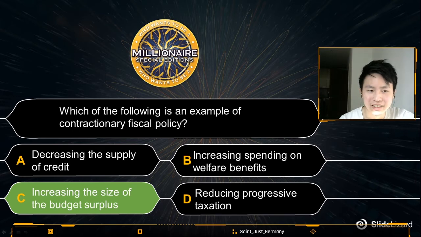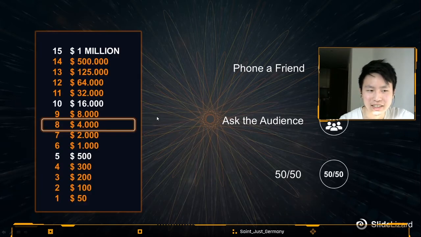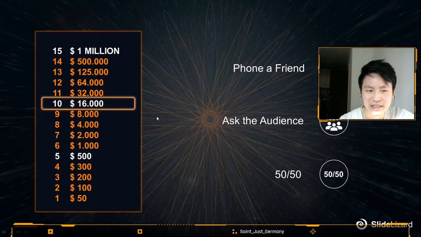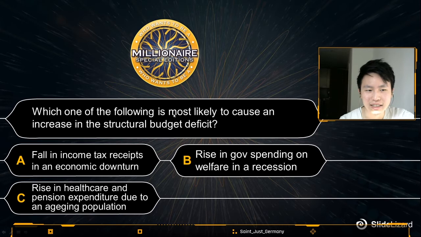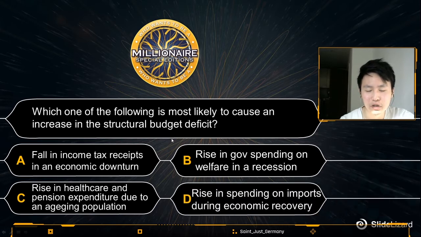Okay, next one. Are you ready? For $16,000, you still have 3 lifelines left: phone a friend, ask the audience, or 50-50. Which one of the following is most likely to cause an increase in the structural budget deficit?